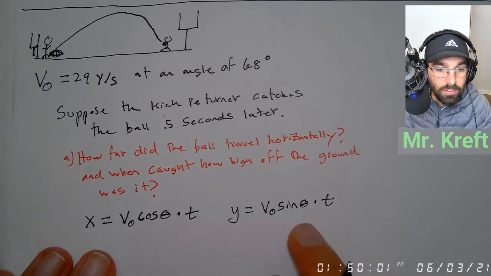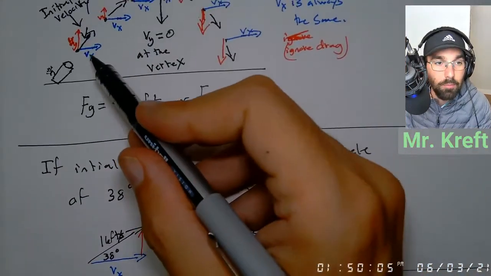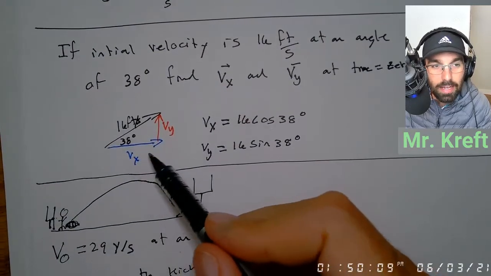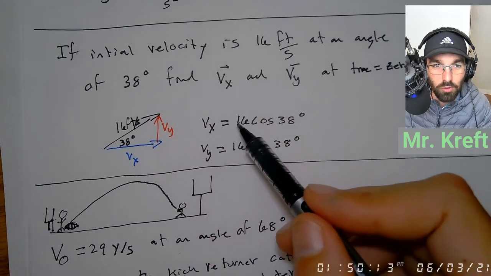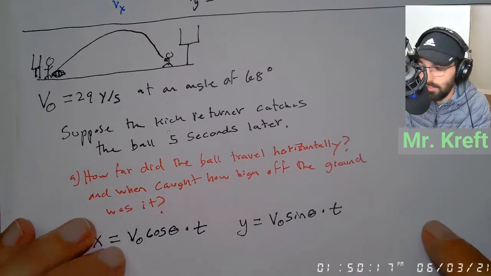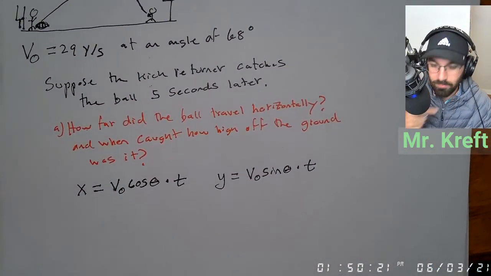Now, again, where am I getting sine and cosine? Remember, when I'm doing this, I'm breaking this up using right triangle trig, right? So my x is cosine, my y is sine. Do you guys see that? So it's my initial velocity times cosine and sine. I hope that makes sense. I had to do a quick little reminder lesson of that.